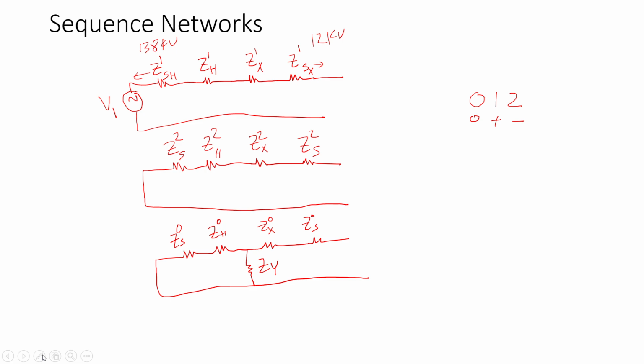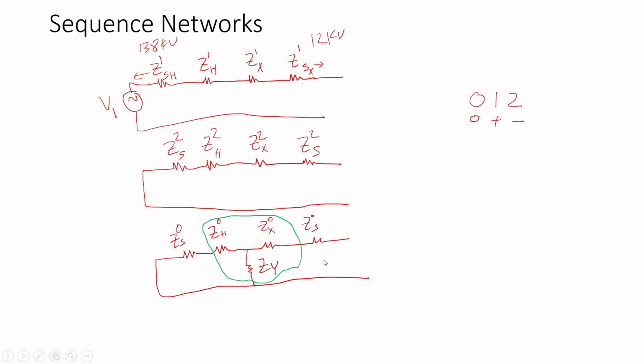I'm going to pick a different color. So this is the T model. It's very important. That's what you would get from the transformer test report.